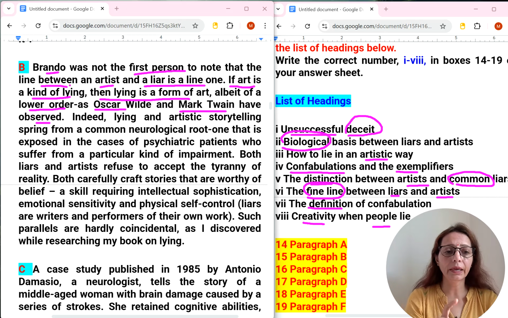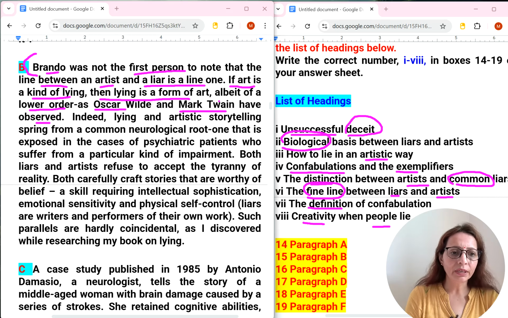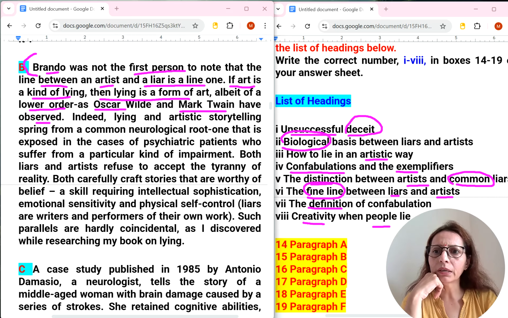So don't think that the first sentence matching with your heading means it is a perfect matching. Sometimes it is a trap. So that's why I'm reading it further.